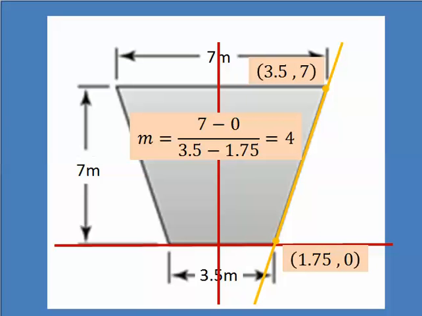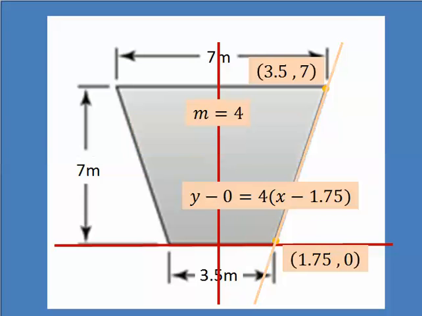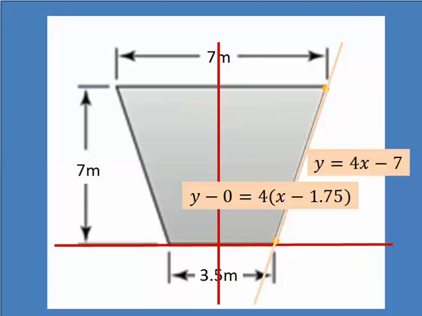After you find the slope of the line, use the slope and use one of the points. I'm going to use the bottom point in order to find the equation of the line. So I just use the point slope form for the equation of a line, and then I clean it up. The equation of that line is y equals 4x minus 7.